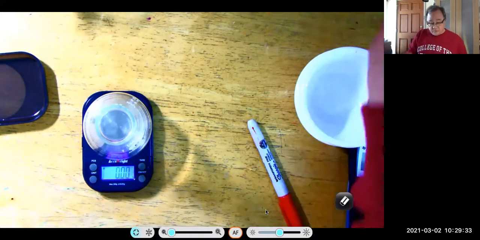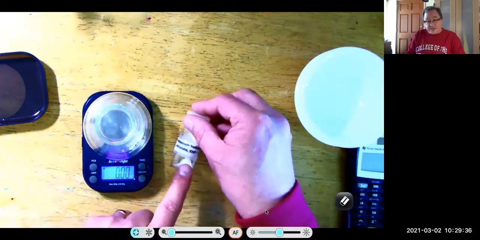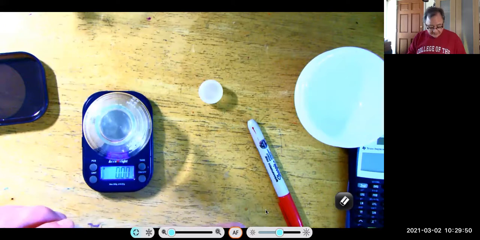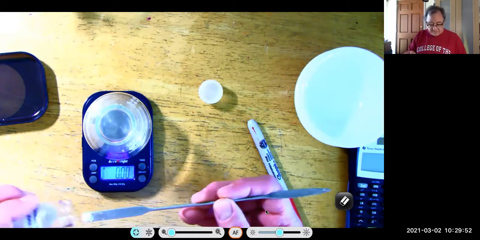So right here, I have my potassium hydrogen phthalate. And what I want to do is take my spatula and make sure it's nice and dry and clean. And I want to put about 0.18 to 0.22 grams of potassium hydrogen phthalate in my flask. So here we go. Try not to get it on the sides if you can avoid it.